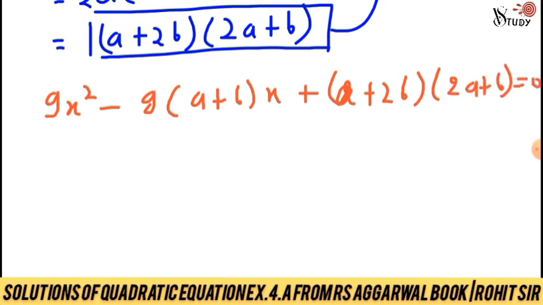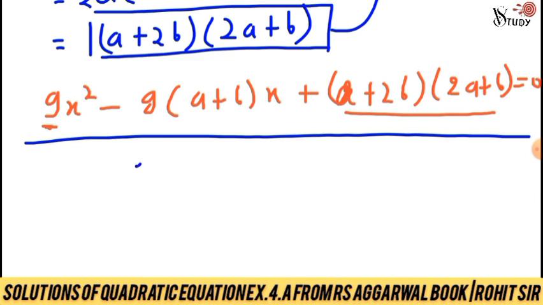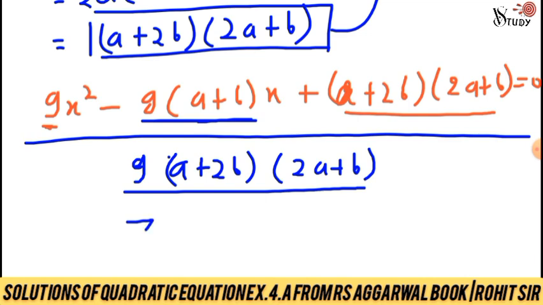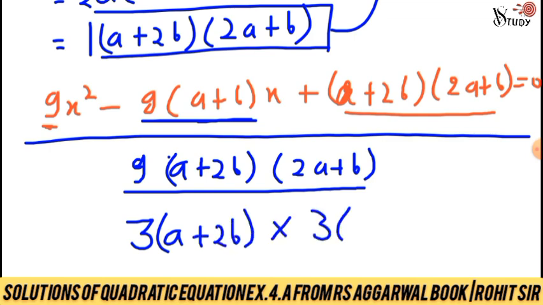Now again prepare a basic strategy. We have to find, now multiply this and this. So we have a plus 2b and 2a plus b. After that we have to find two factors of this whose sum is equal to 9 into a plus b. So we can take 3 into a plus 2b and 3 into 2a plus b.